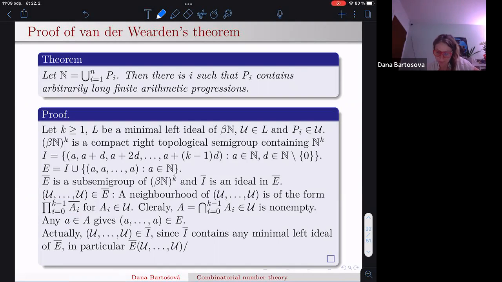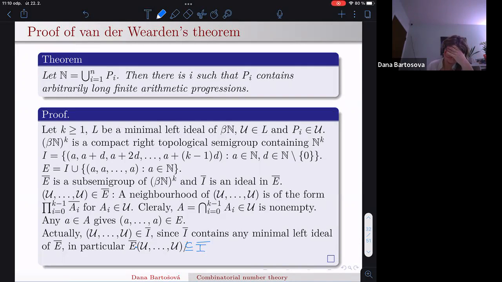Okay. Because the closure of I is a both-sided ideal, and then it has to contain any minimal left ideal of E, and in particular, okay, I see this. This is going to be inside of I-bar. I'm not sure what happened in there.